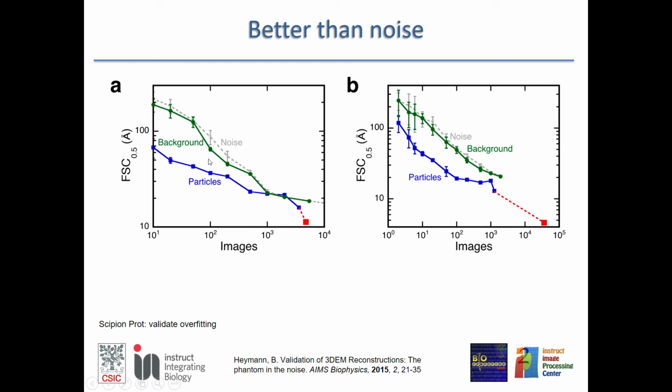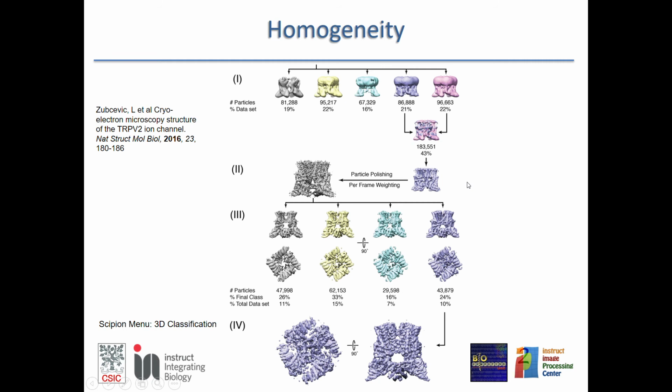So at some point, for data in which you have a significant fraction of noise particles, these two curves overlap, while in a good 3D reconstruction, these two curves should never overlap. So the noise resolution should always be above the particles resolution.